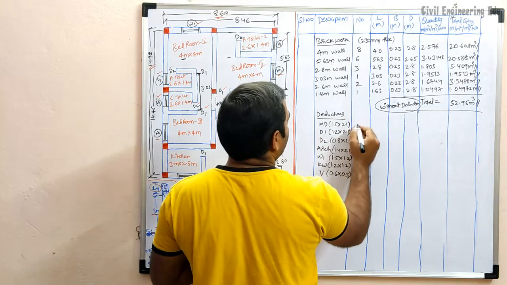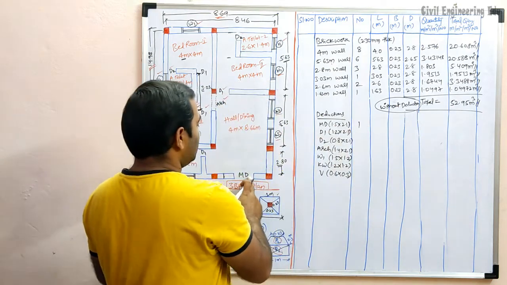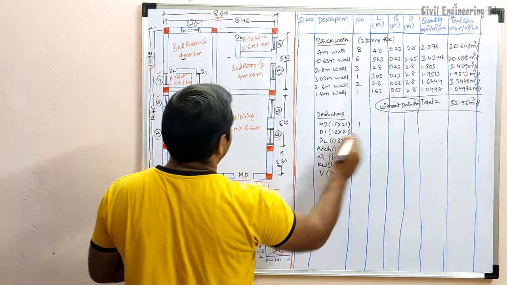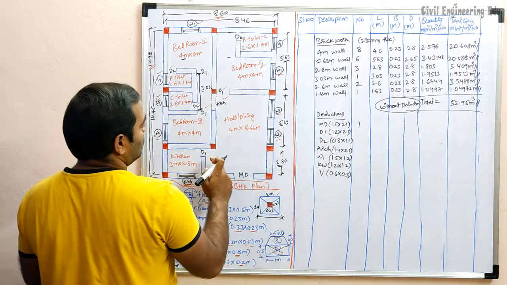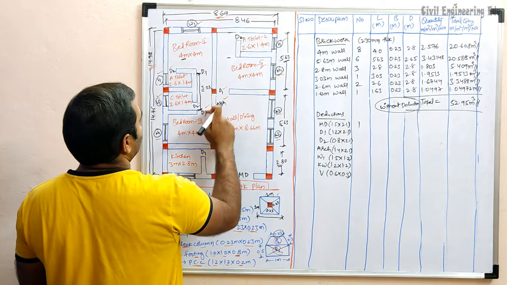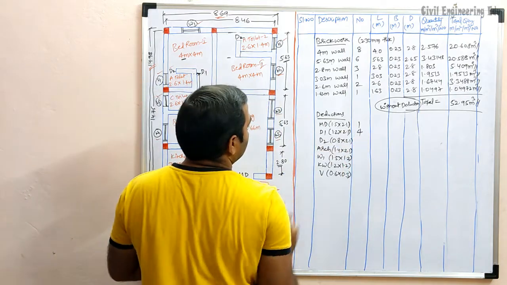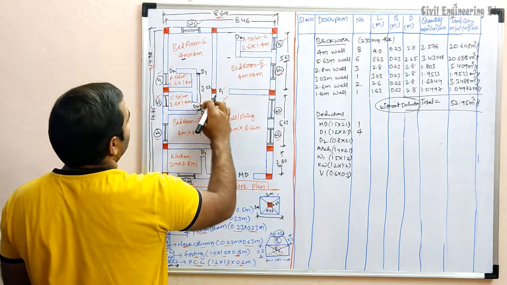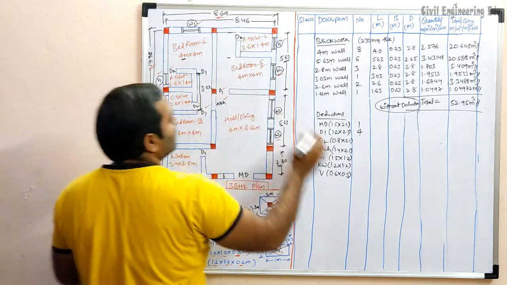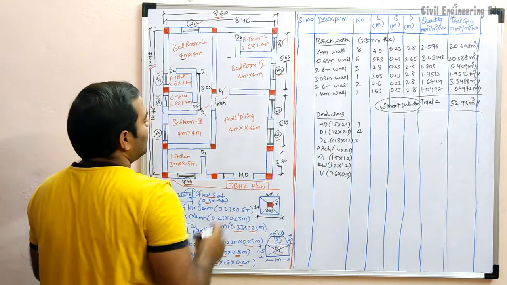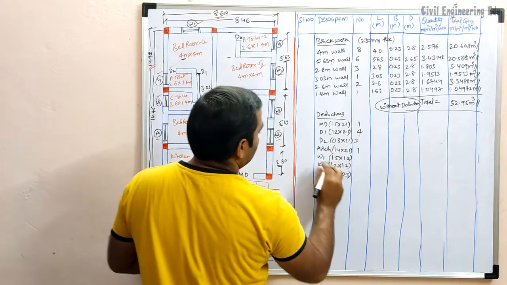Now main door is 1 and next one is door 1. Door 1s are total 4: 1, 2, 3 and 4. Next coming to door 2. Door 2 I have given for toilets 1, 2 and 3. So next one is arch. Arch is only 1.